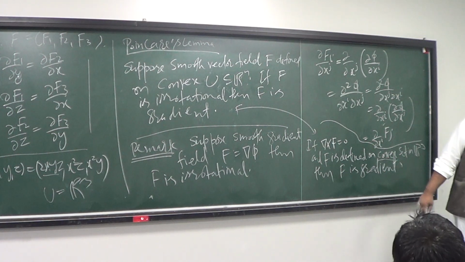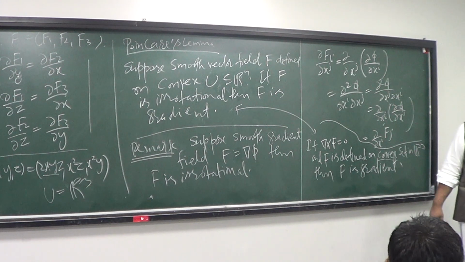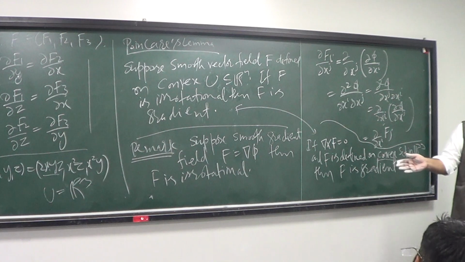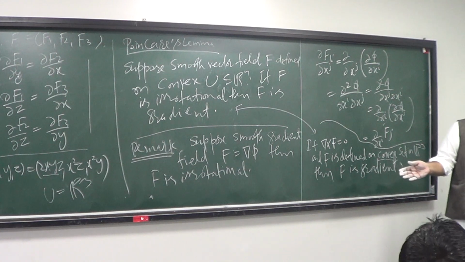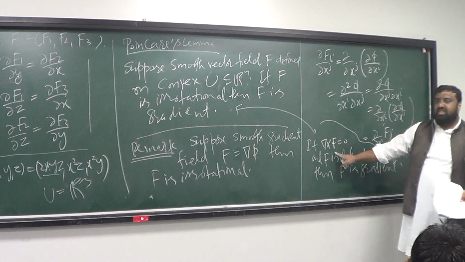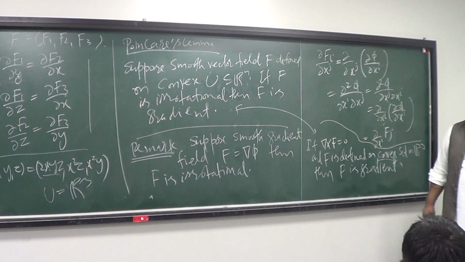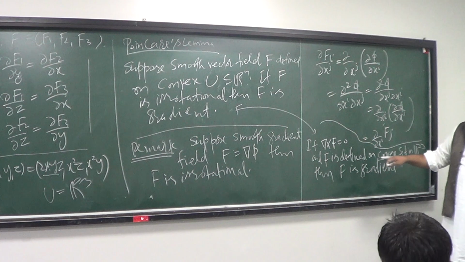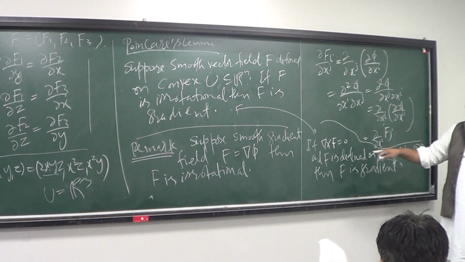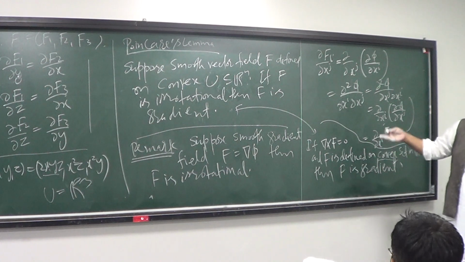If you take a vector field defined on the entire R3, you just have to check this condition, because the entire R3 is convex. So this also means that you can find the potential of f. If it is irrotational, then you can find the potential.